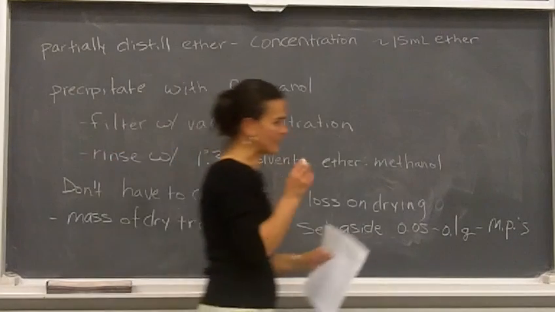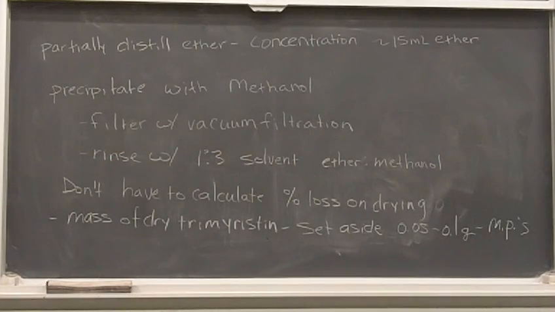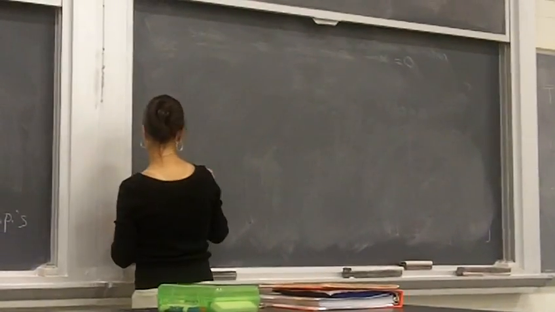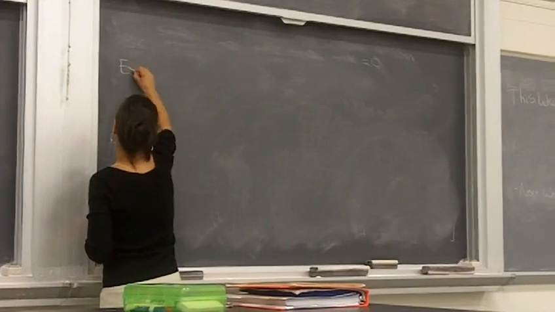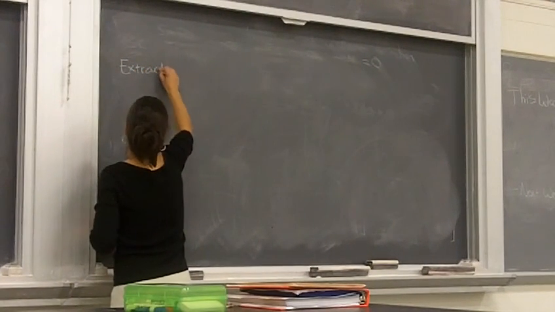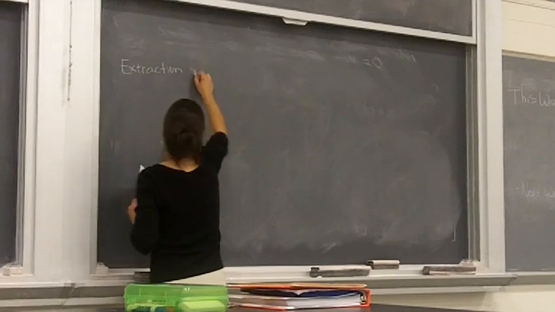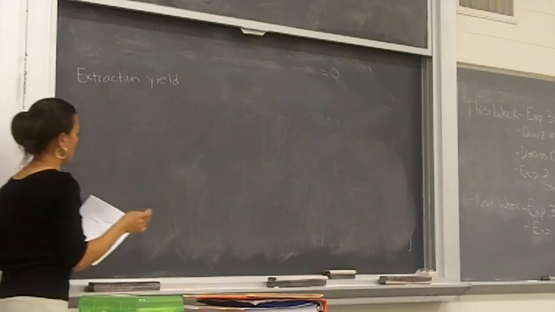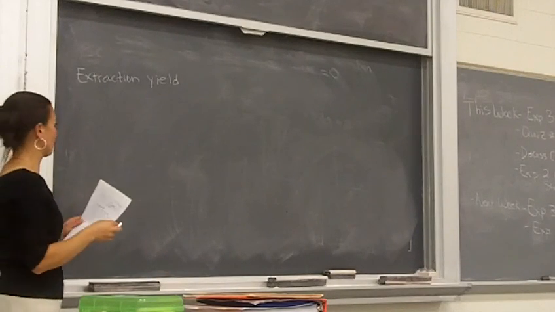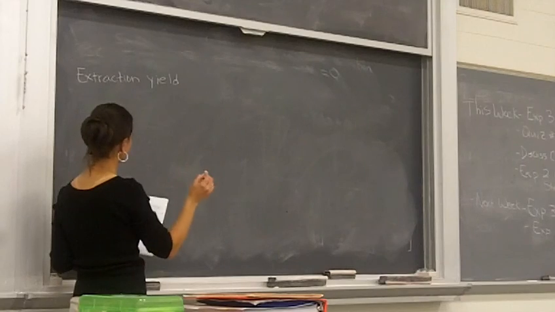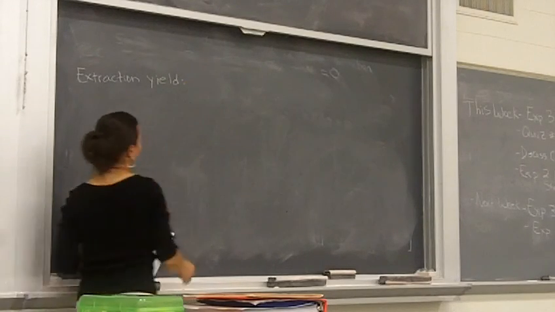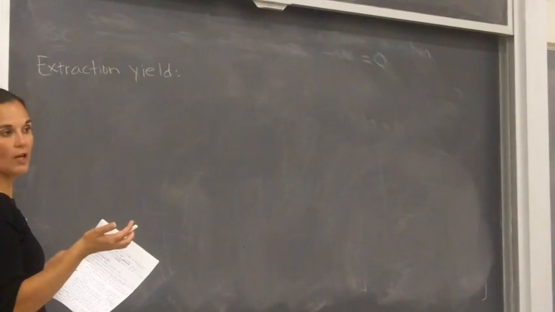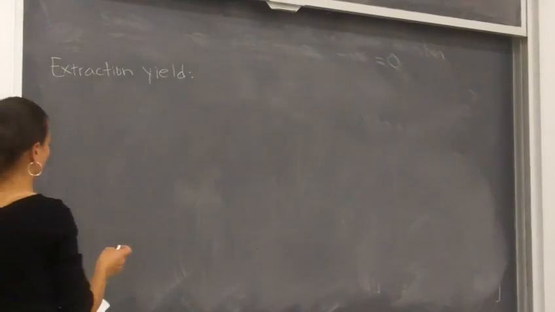Now, one yield calculation that you are going to do for the trimeristin is you actually need to calculate an extraction yield. So we're not going to do a regular theoretical yield calculation for the trimeristin. You will do that for your muriatic acid. But we need to figure out our extraction yield for how much trimeristin you recovered versus how much nutmeg you started with. Okay?